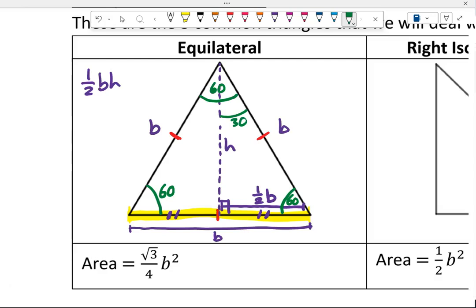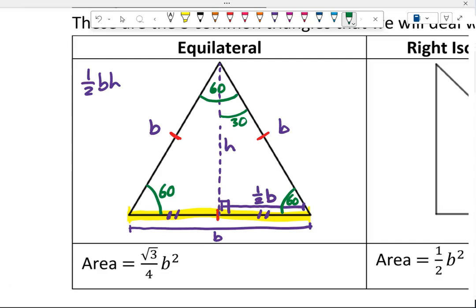Now, with that information, I have a couple options to find the area, because I need my height in terms of b, so I can then write the equation that I have down here. We can use either trig, or we can use Pythagorean theorem.